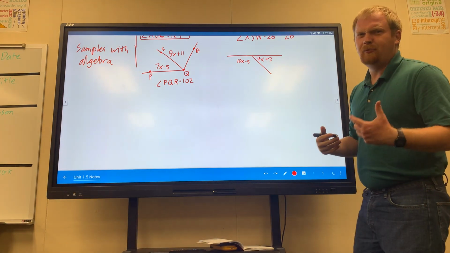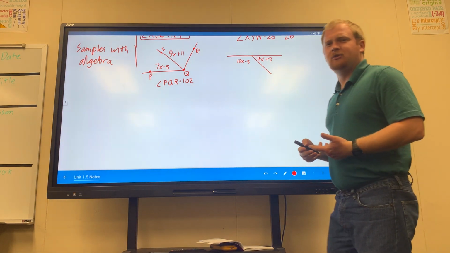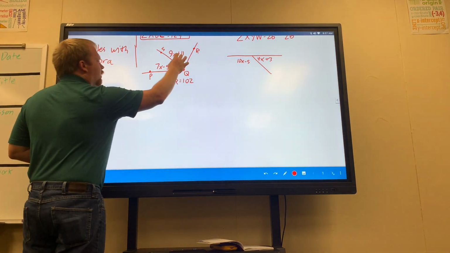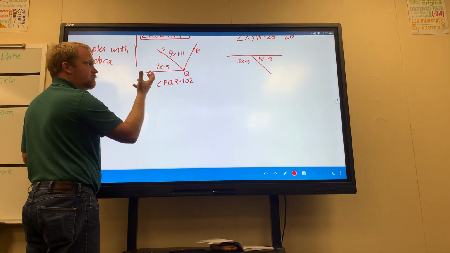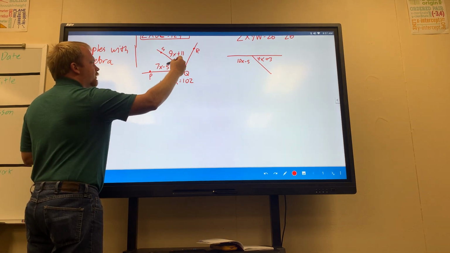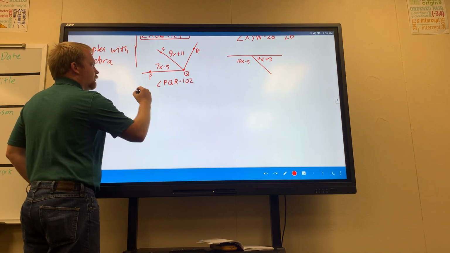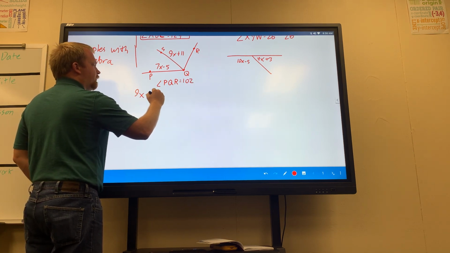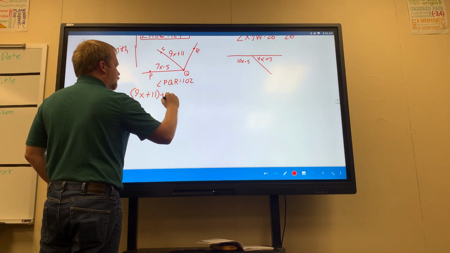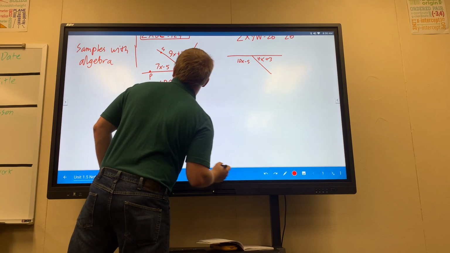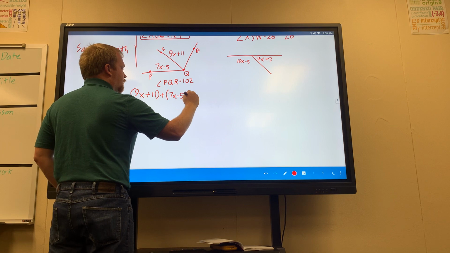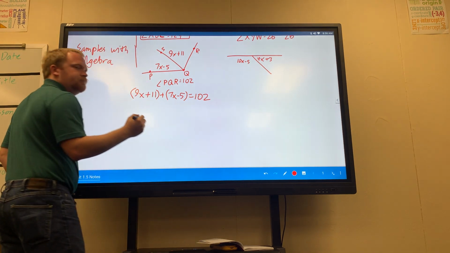Now, what about a little bit of algebra? This is going to be a little bit tricky, but the idea is still the same. I'm given two parts, but they're algebraic. So remember, if I add these two together, I get the whole angle. So 9x plus 11, this one part, plus the second part, equals the whole angle.